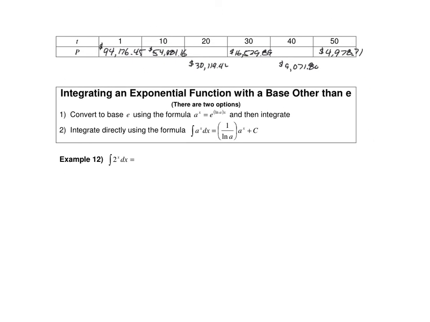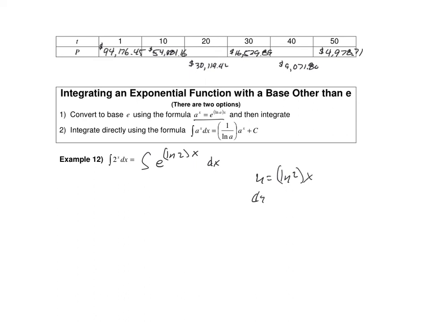All right, convert to base e by using the formula, and then integrate directly using a to the x. So if I convert using the formula for part A, that tells me I've got the integral of e to the natural log of 2 times x dx. So that means that I want to use a u substitution. Let u equal natural log of 2 multiplied by x.